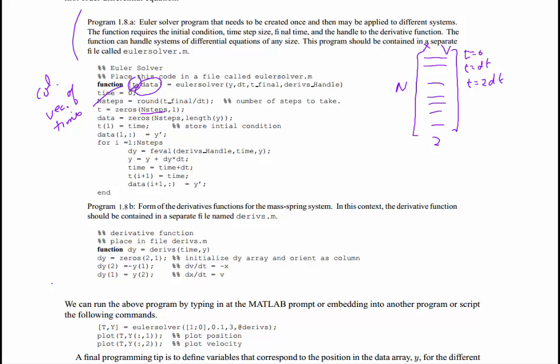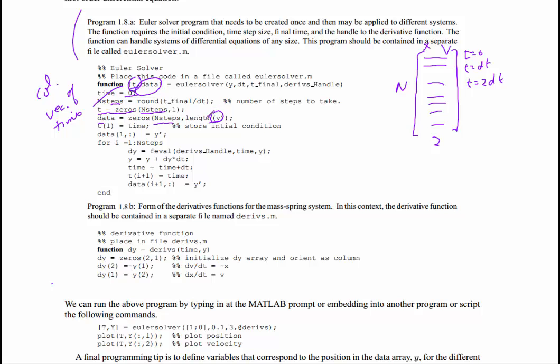Okay. All right, so then the rest of it is set up like the previous. We start out with initial time and get a number of steps. Set the time vector. We're going to fill that with times. And then the data is going to be, here it says n steps and length of y. Now, from what we have so far, y just has 2 components.